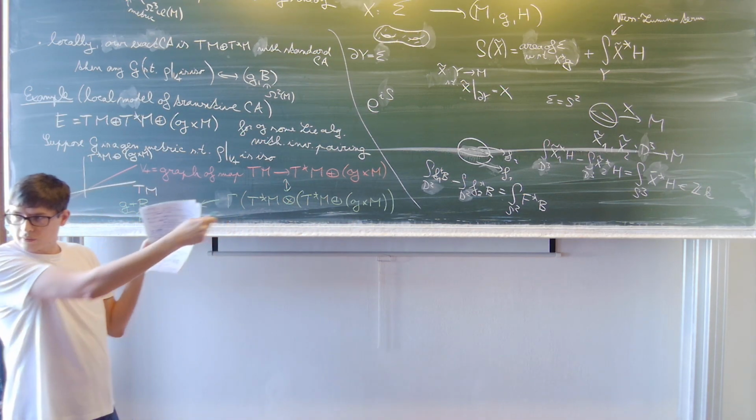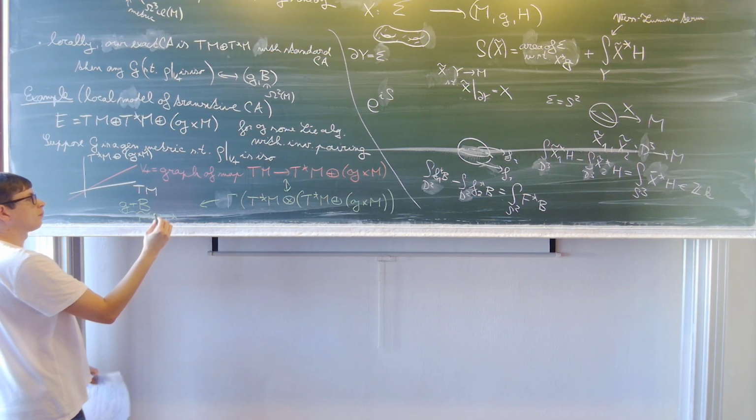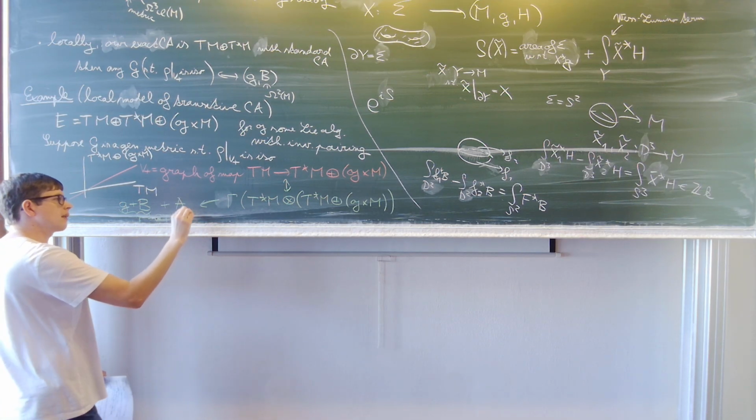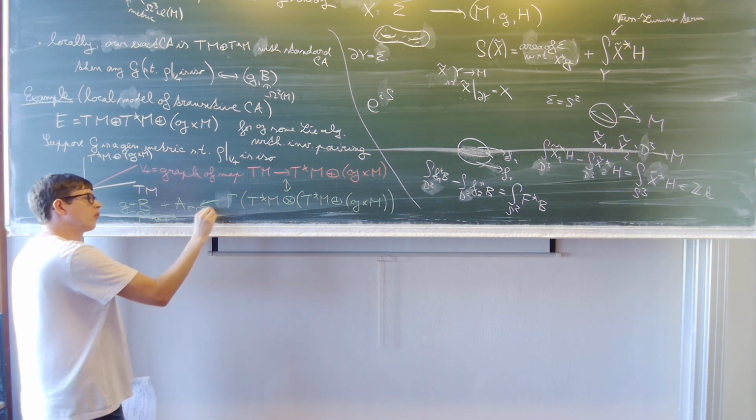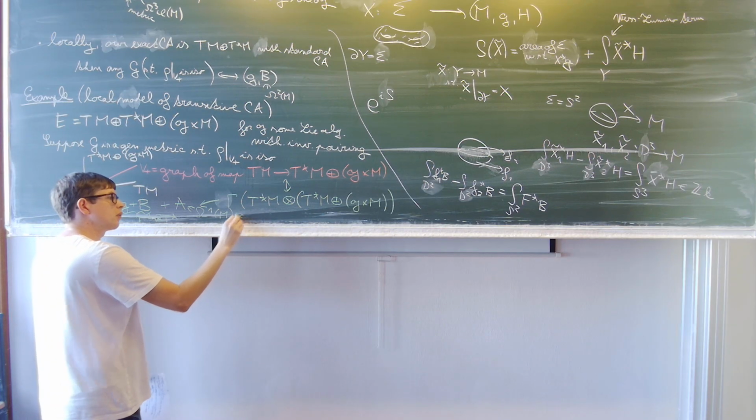T star tensor trivial G bundle. So I have precisely an object which is a one form on M valued in the algebra.